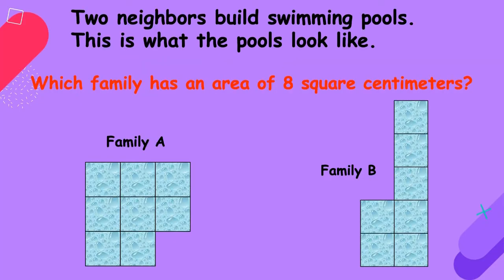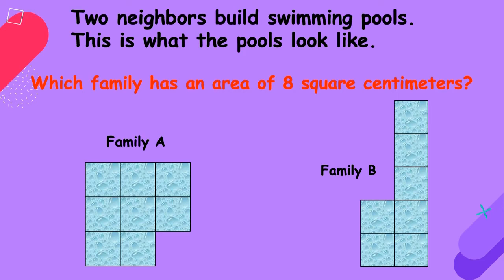But look at this. Suppose you have a problem. Two neighbors build swimming pools. Below is what the pools look like. Which family has an area of 8 square centimeters? Remember to find the area of a shape given square units, we count the amount of squares.